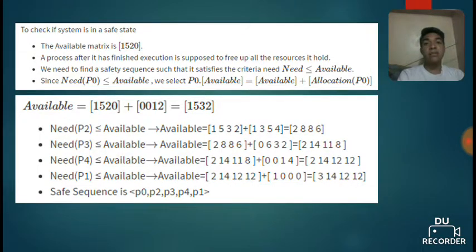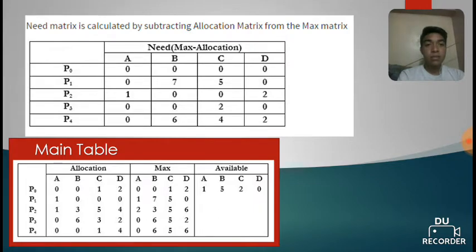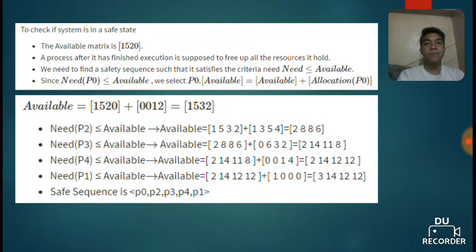To check if the system is in a safe state, the available matrix now is 1520, which we can see here at process 0. After a process has finished execution, it frees up all the resources it holds. We need to find a safety sequence that satisfies the criterion need less than or equal to available.